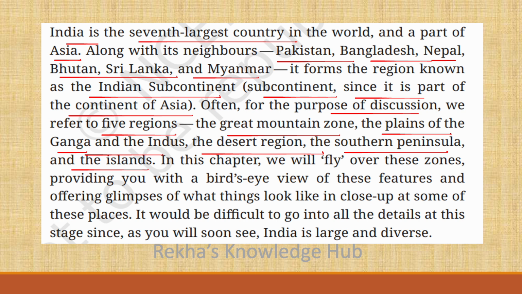Then islands include the Lakshadweep Islands in the Arabian Sea and the Andaman and Nicobar Islands in the Bay of Bengal. In this chapter, we will fly over these zones, providing you with a bird's eye view of these features and offering glimpses of what things look like in close-up at some of these places.